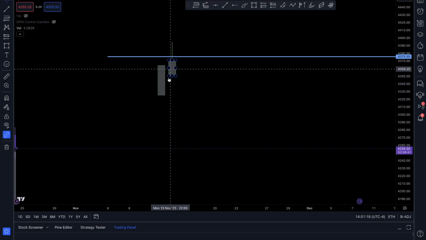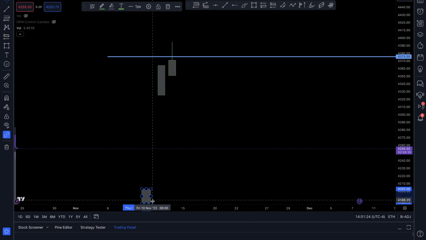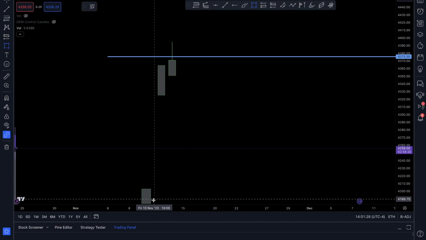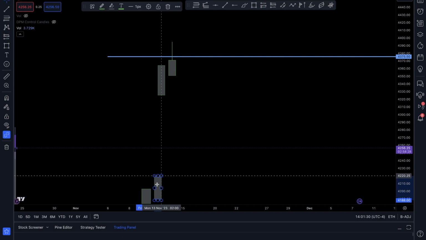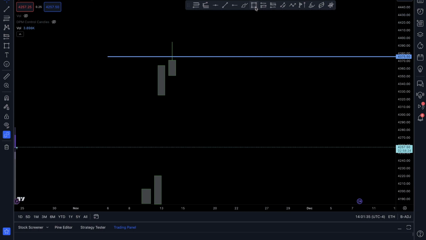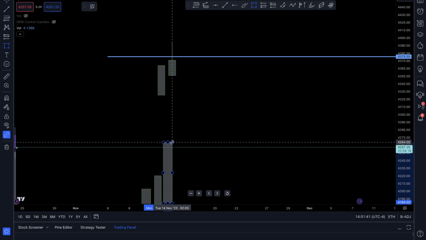This rejection candle should have increased volume down here. So if most of your volume was looking like this, your volume candles, I know these are really janky looking volume candles, but when price is rejecting on this bar, you should see significant volume on that.